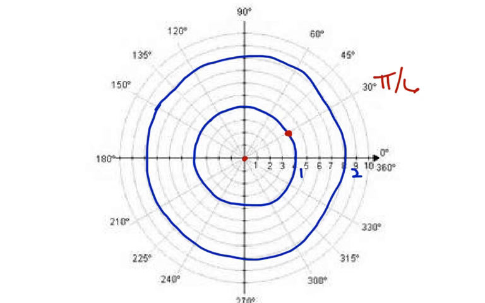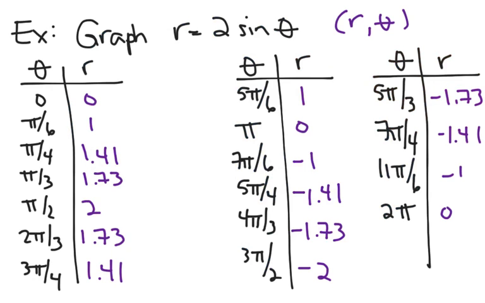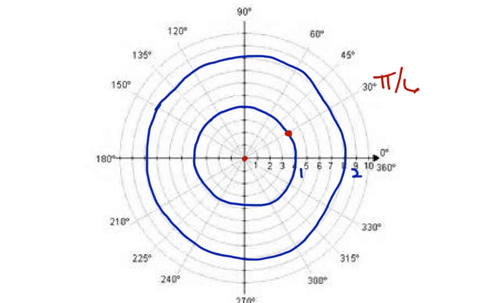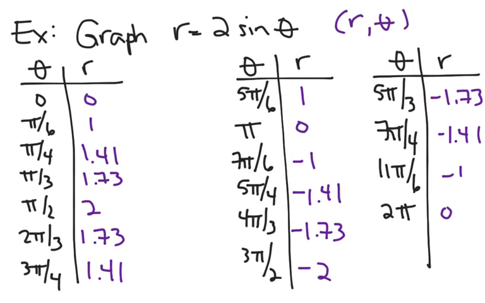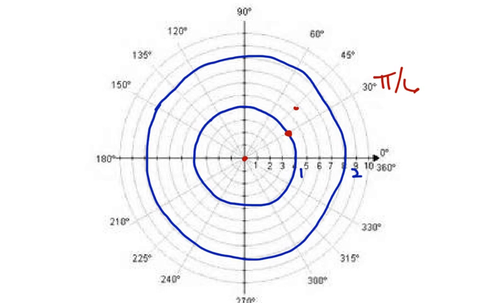At pi over 4, we were at 1.41. Let's see if that's 1, and that's 2, then it'd be probably around here somewhere. And then at pi over 3, we were at 1.73, so that would be a little bit closer to 2.